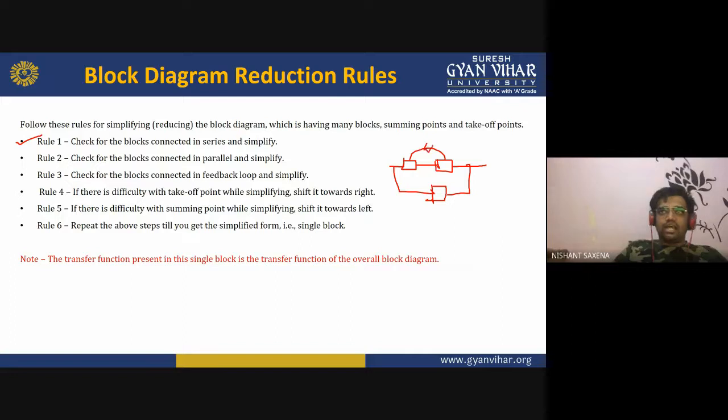We have to solve these two series connected blocks, that is, multiply these two, and then apply rule number 2. That is, we add the multiplication of these two blocks with this one. Is this clear?